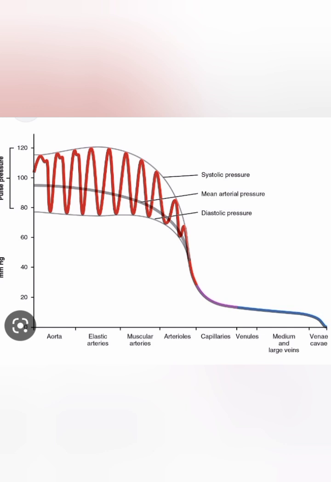It is calculated through a formula: systolic BP plus 2 times diastolic BP, divided by 3. Normally the mean arterial pressure is 70 to 100 mm of Hg.